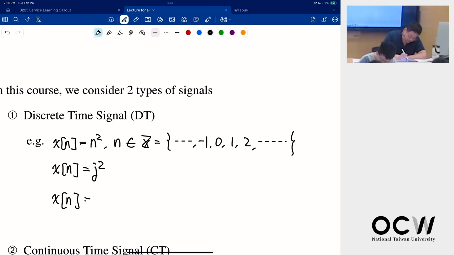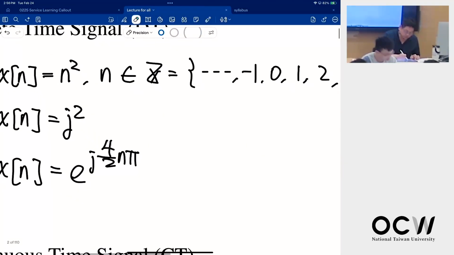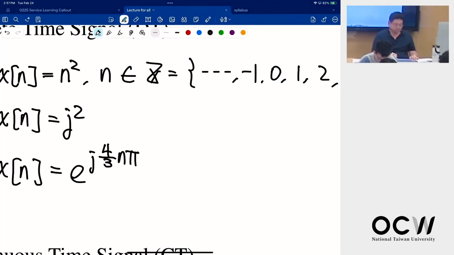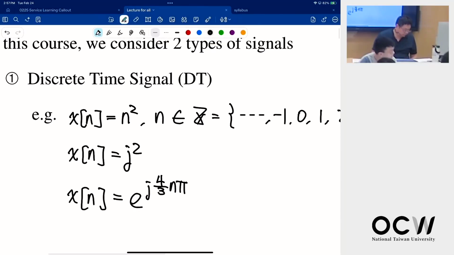The signal is the complex exponential, e to the j 4/2 m pi. It doesn't make any sense, that 4/2. We should try to change that to 3/4. 4/3. Maybe. Okay, those are the discrete time signals.